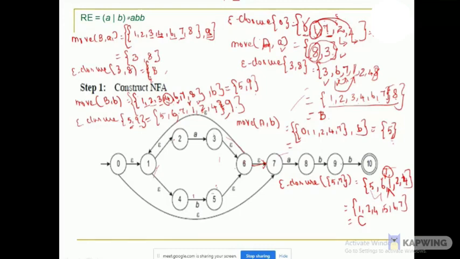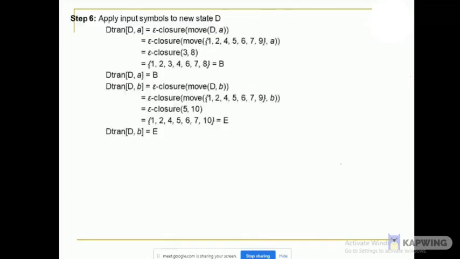So when you are taking move transition of D on A, it won't give any changes, that will be equivalent to 3 and 8 only, because there is a transition from two states.